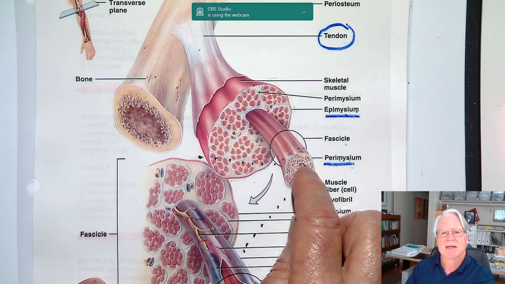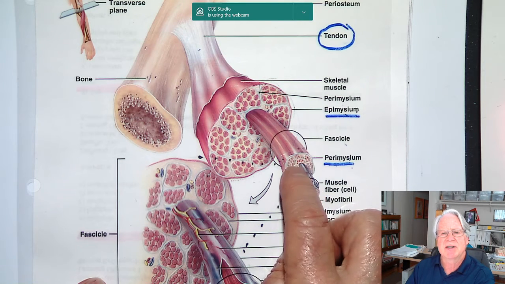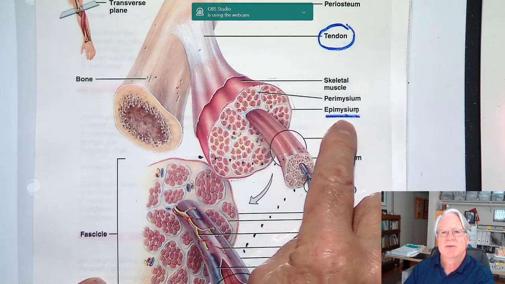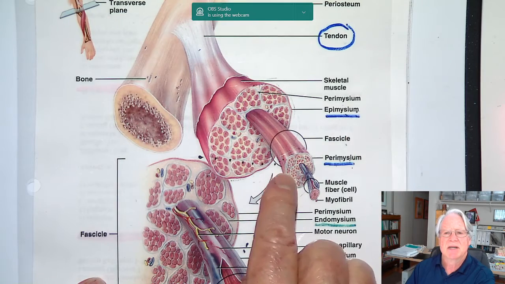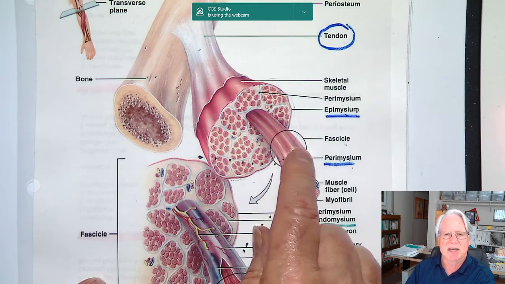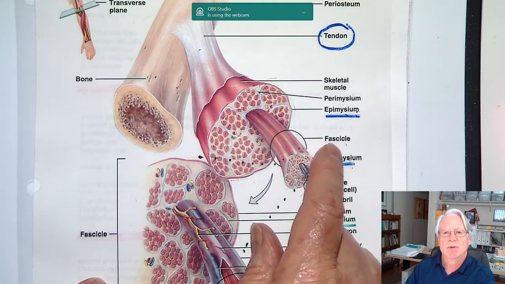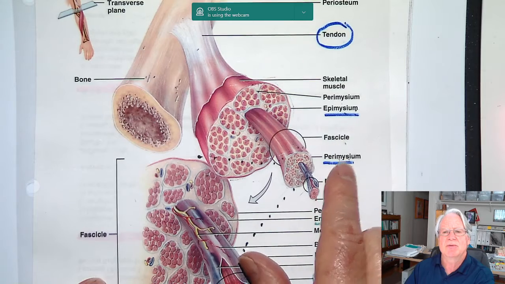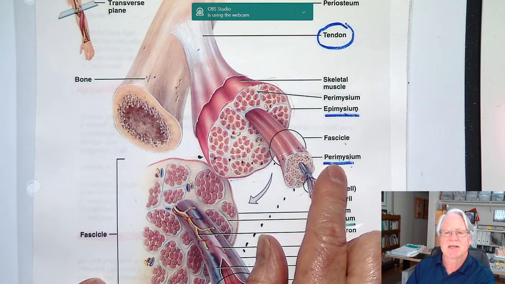So we wrap the entire muscle with the epimysium, and then we wrap bundles of cells within that muscle, which we call a fascicle, with the perimysium.